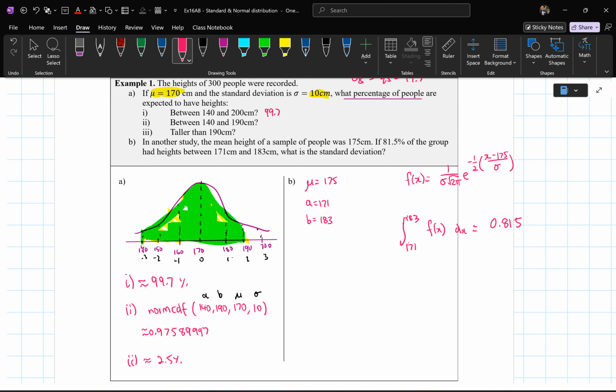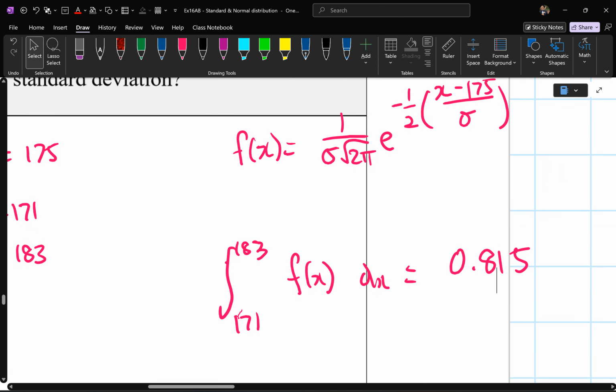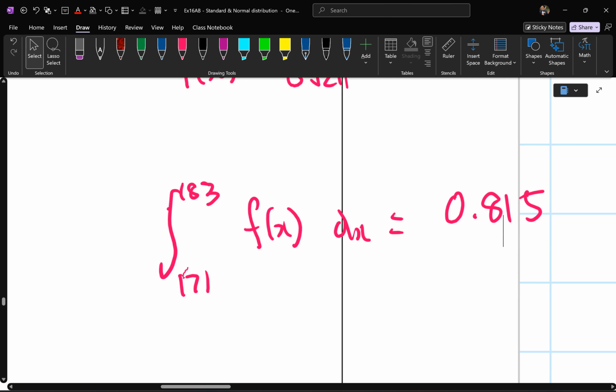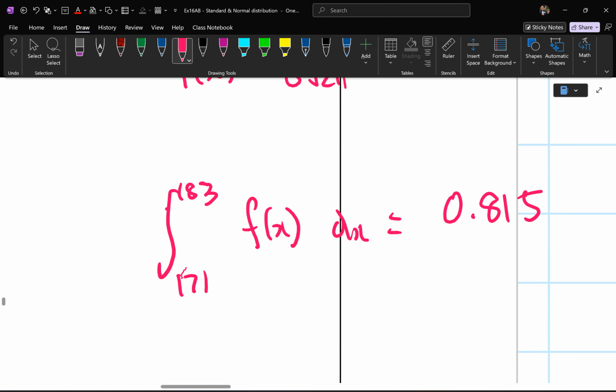So I said, if you understand the function, it's the integral between A and B. I've got the integral right there. You've got your function, and you type in your CAS, solve for standard deviation. But what I'm typing there is a CAS function, because we already know norm CDF gives you the area.